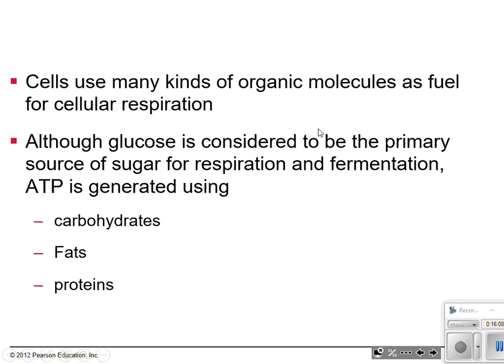We're going to add another one in, nucleic acids. So macromolecules we're going to discuss after this chapter, and we'll go more in depth on that. So, basically, is glucose the only source that fuels cellular respiration? No. We can also generate ATP using other carbohydrates, fats, and proteins.